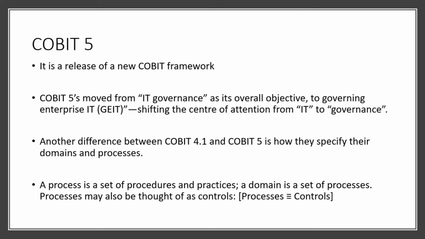A process is a set of procedures and practices. A domain is a set of processes. Processes may be thought of as controls. In other words, processes have a counterpart of equivalent controls.